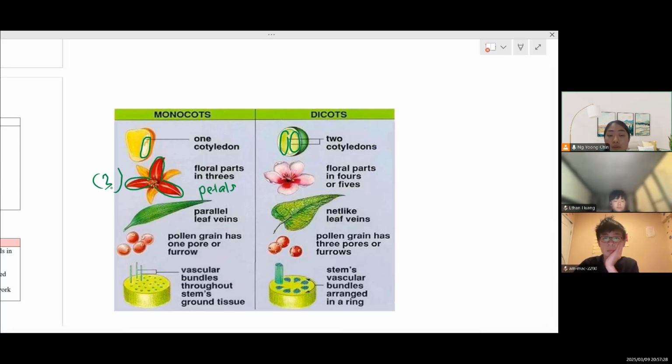They will ask you how many petals are found inside the monocotyledon and dicotyledons. So you should know that monocotyledons have 3 petals. Then how about dicotyledons? They have 4 to 5 petals, because dicotyledon petals are in double numbers, 双数. 双数 means at least 4, right? 4 and above. Just remember it this way.